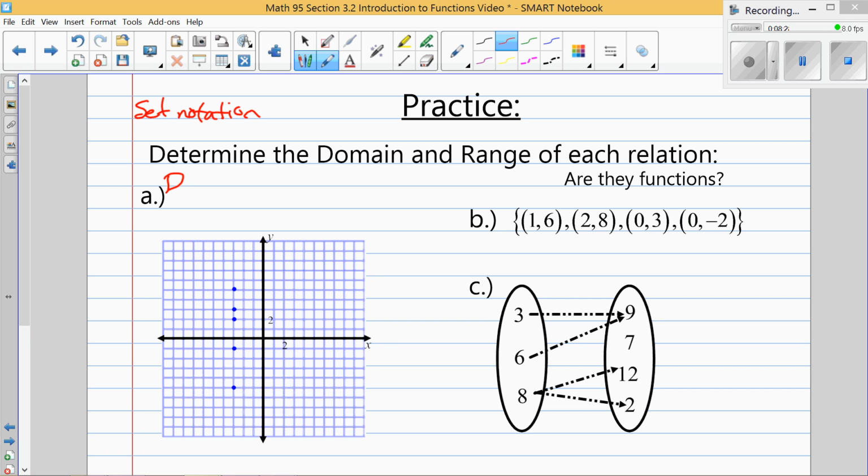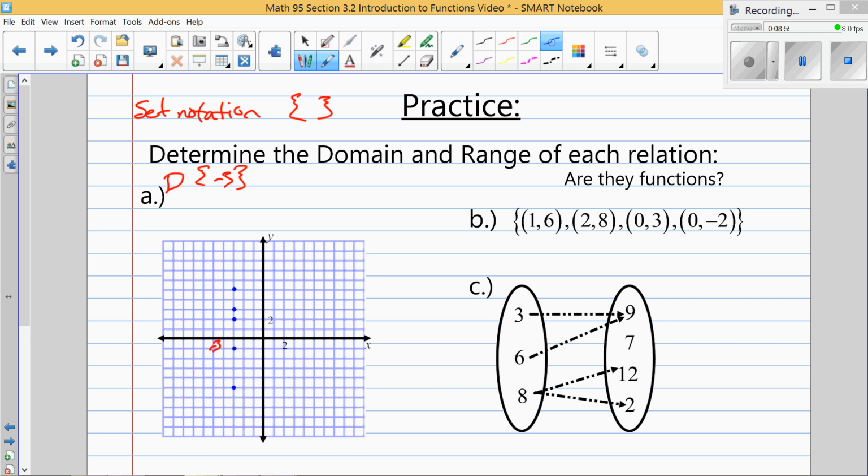So if I look at the dots that I have, they all wind up on the same x value, the x value of -3. So my domain is -3, and it's only ever -3. So I'm going to put that in these little curly braces. That's the set notation. The set notation is the braces.